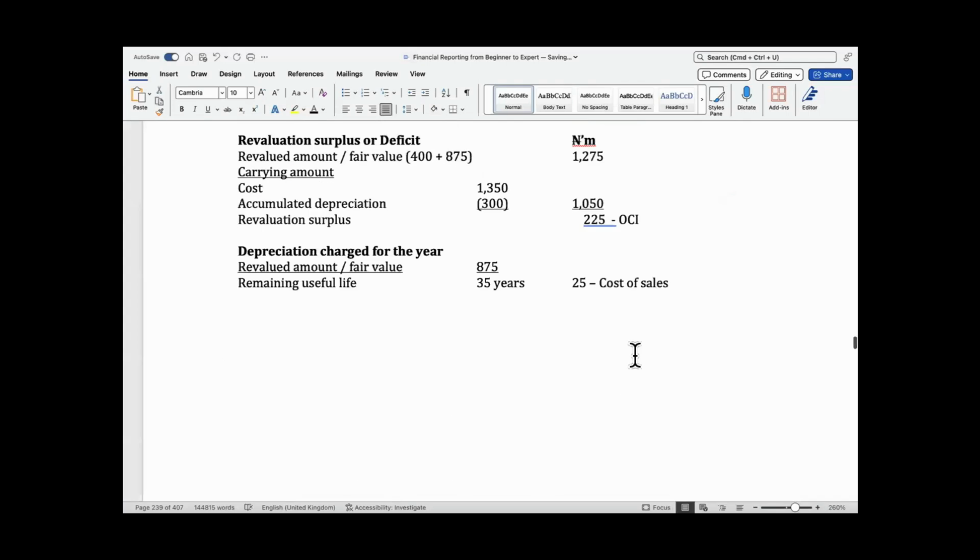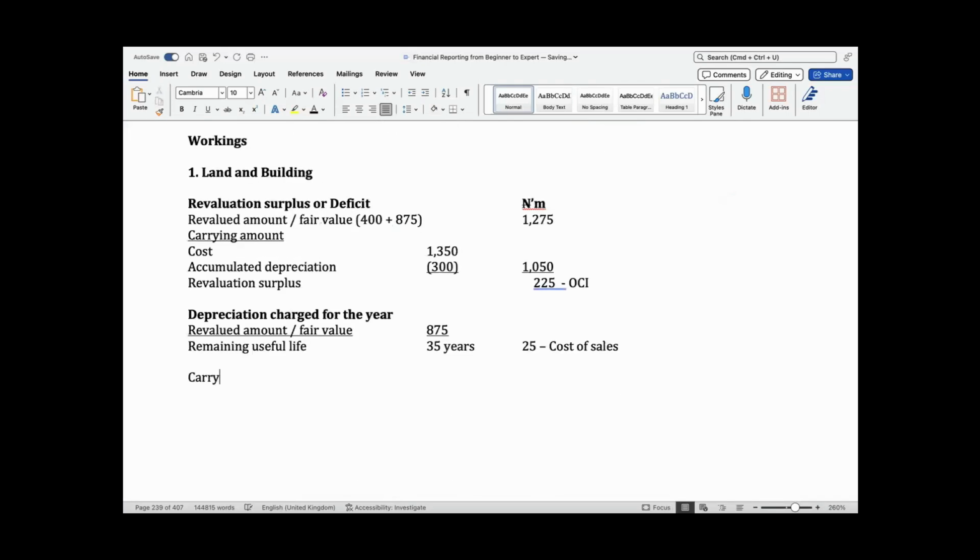Now, for every PPE, lastly, you will need to determine the carrying amounts of the land and building. And how do I get my carrying amount? For a revalued asset, it is simply the revalued amount minus subsequent accumulated depreciation, if you still remember what I taught you.